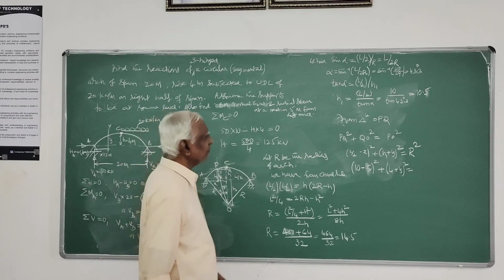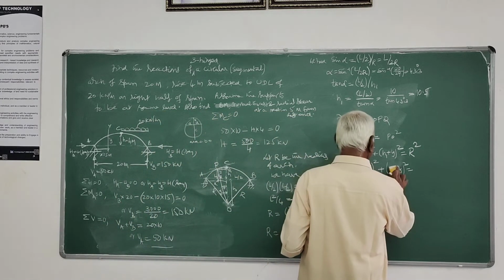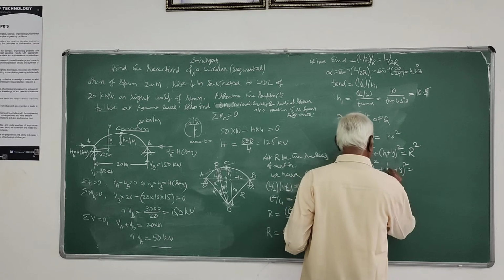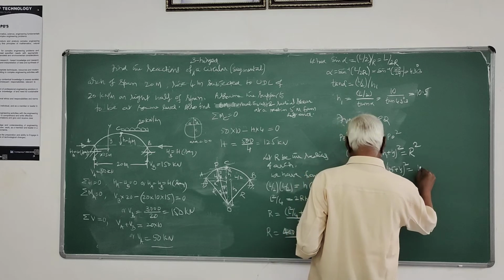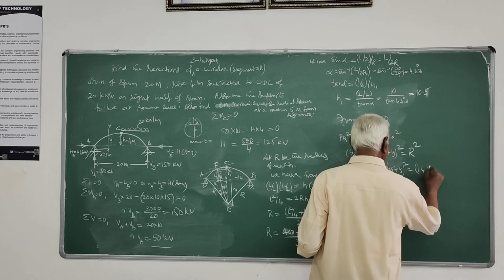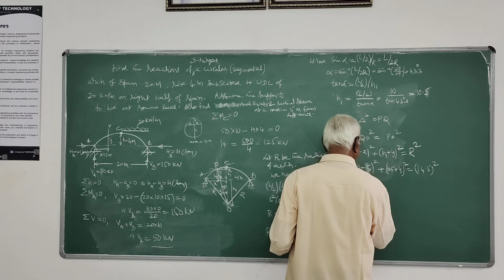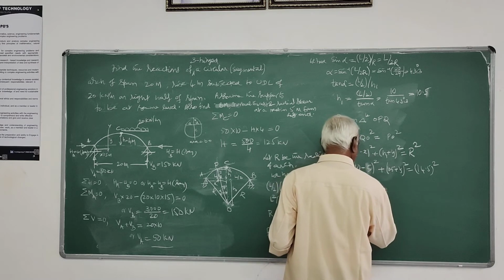QO is H1 plus Y. H1 is 10.5. So 10.5 plus Y whole square is equal to 14.5 square. Or this is equal to 25.